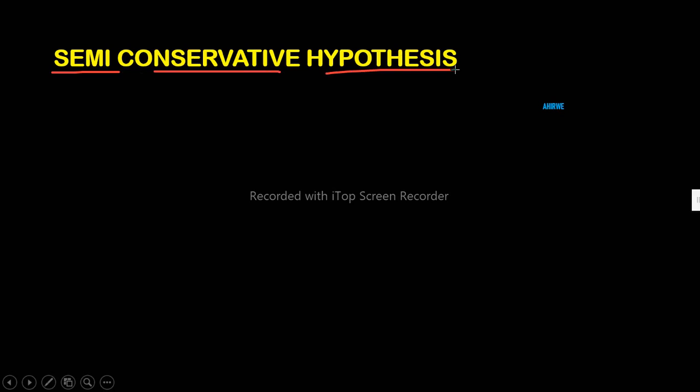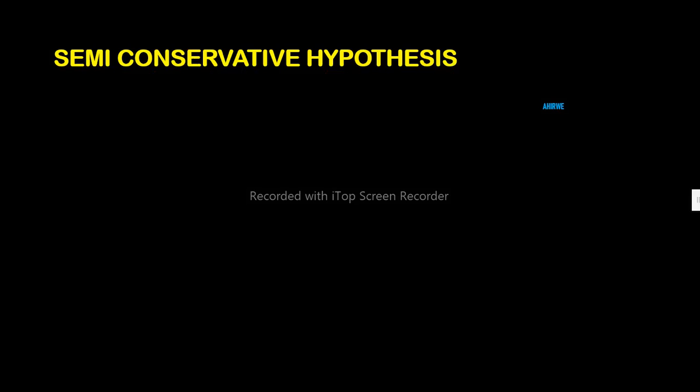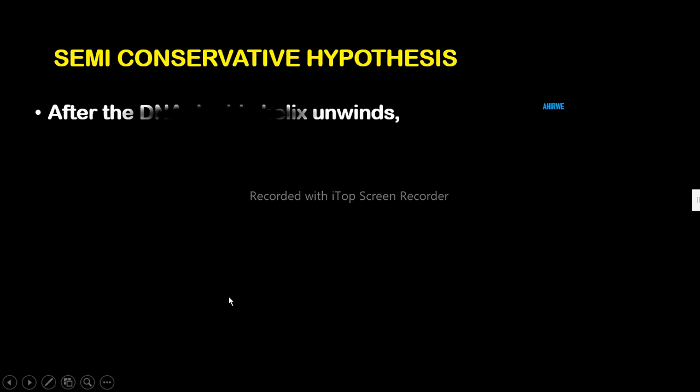Now this hypothesis tries to explain that both the original strand of DNA and the new strand of DNA can stay together, and you form the two DNA molecules with both an old and a new strand.